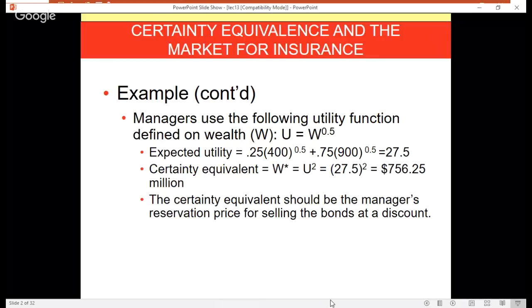Okay. Now, given a utility function, I can convert that expected utility into wealth. That means W is going to be utility squared. So in this case, 27.5 squared gives me 756.25.